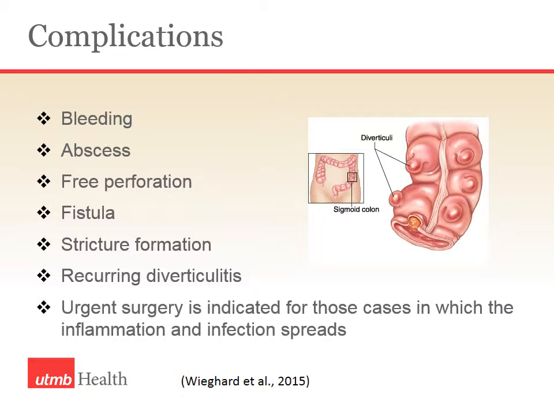And actually, urgent surgery is indicated for those cases in which inflammation and infection spreads. So these complications can cause inflammation and infection to spread, and we don't want that.